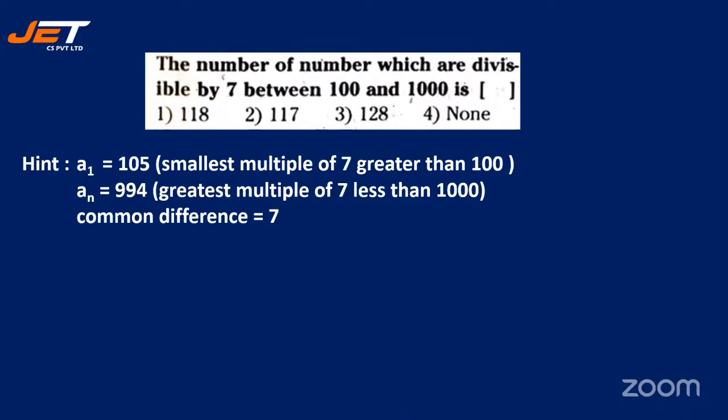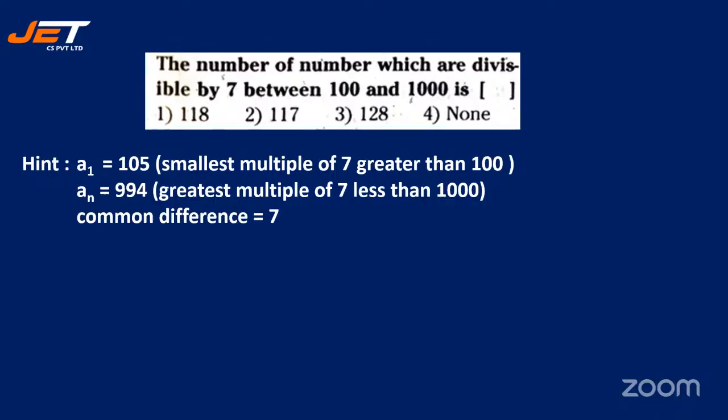The numbers which are divisible by 7 between 100 and 1000 is dash. Okay. So here we have A1 is 105, because after 100, the first number which is a multiple of 7 is 105. And the last number is 994.